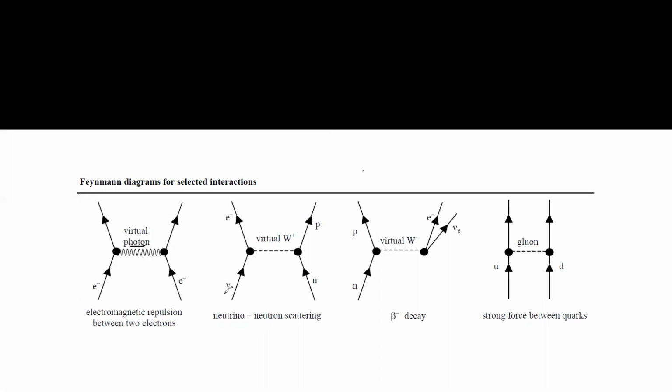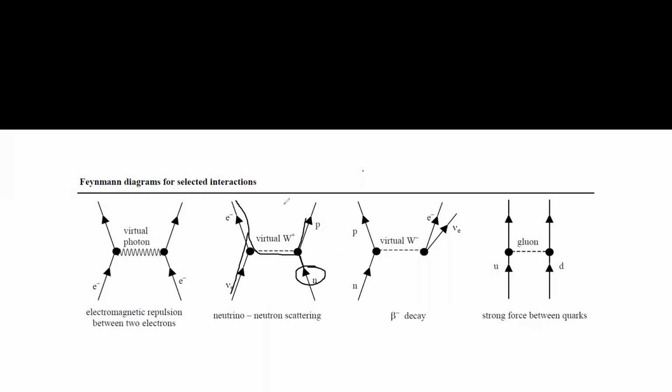Same thing, if you have an electron neutrino and you have a neutron. This electron neutrino gives an electron, and basically it's a beta decay, a negative beta decay. So what happens in this negative beta decay? A neutron gives a proton, an electron, and an anti-electron neutrino.